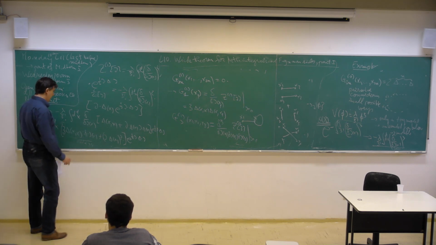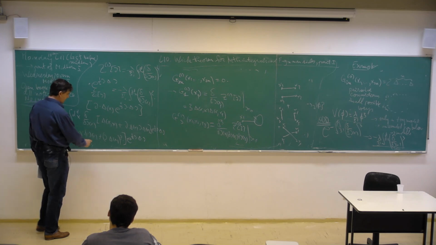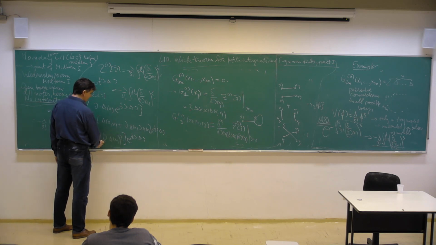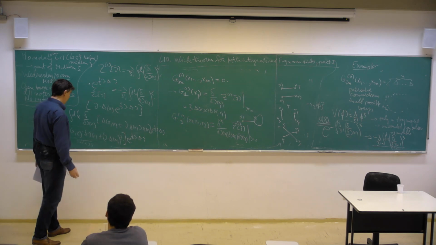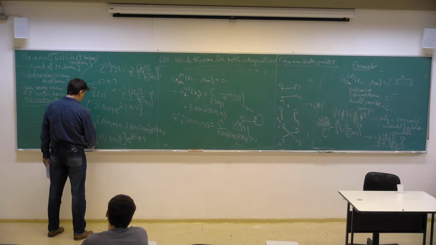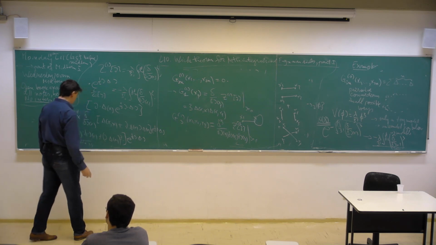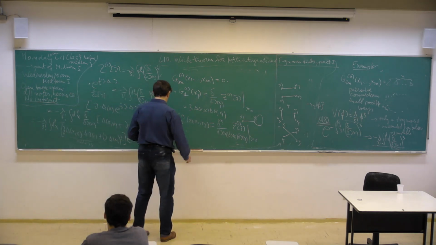So if all derivatives act on this term, I get 0. But if all derivatives act on this term, I get something non-zero, right? And also non-zero is if I get down, so one derivative acting on the exponent, I get down an exponent. And then I'm left with 1 j from here and 1 j from the exponent. So the 2 more derivatives can give me an additional term, right?